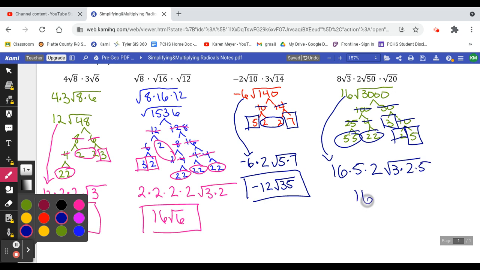And I got the final answer to be 160 square root of 30. And we're finished.